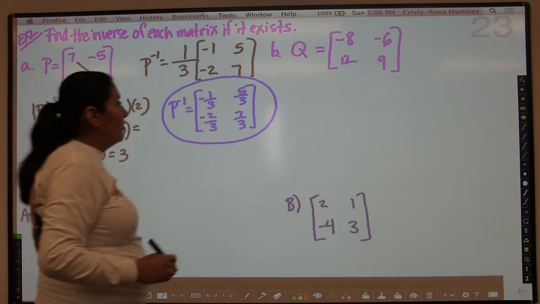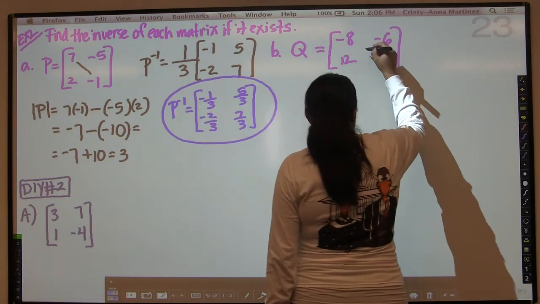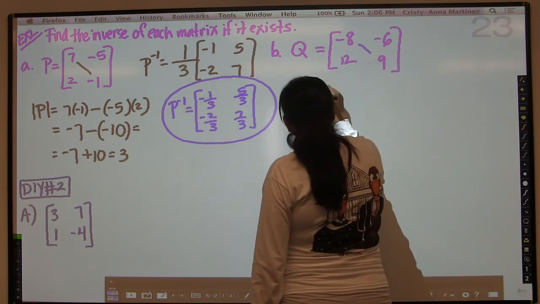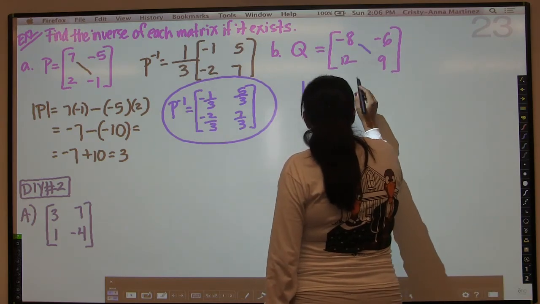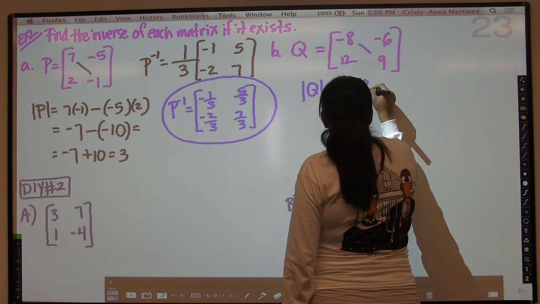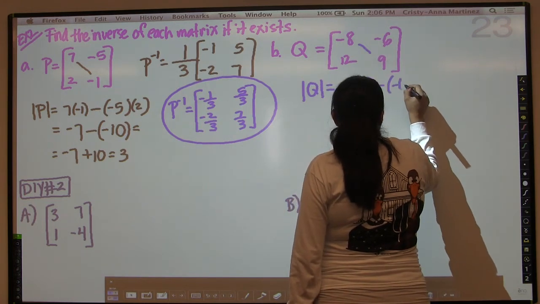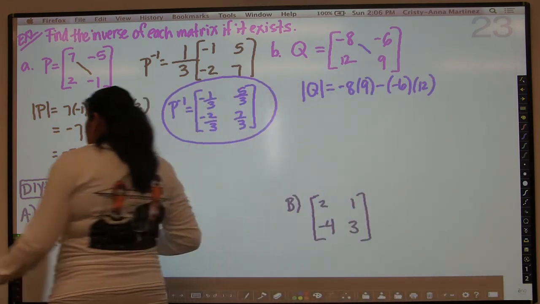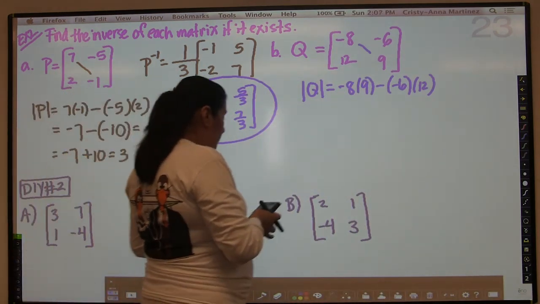And then I do it again for Q. Again, the first thing I want to do is find the determinant. So the determinant of Q is -8 times 9 minus -6 times 12. And -8 times 9 is -72.